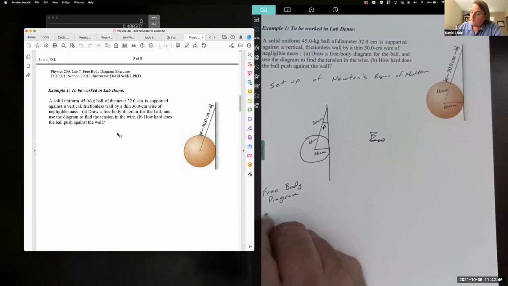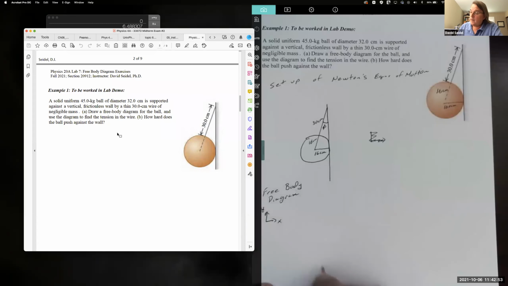This is tangent. Okay, so the wall is going to be pushing normal. So I've got my X and Y coordinate system. Here's my ball. I'm just going to represent it by a much smaller ball.